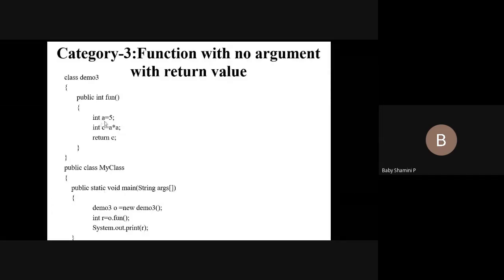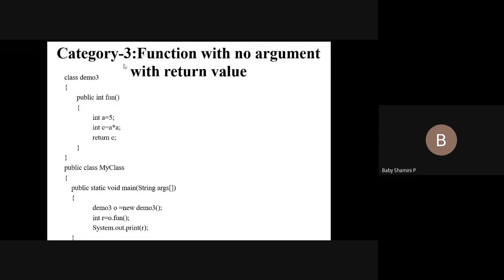So int a equal to 5, int c equal to a into a, return c. I'm going to perform an operation and return a value to my main function. For that, I'm using the return type as public int funnow, and I'm using the keyword return c.